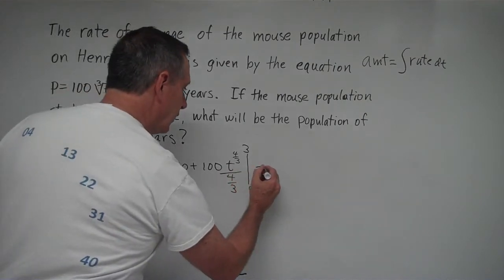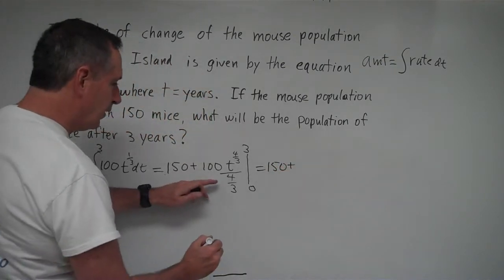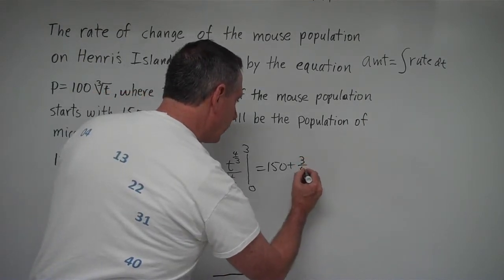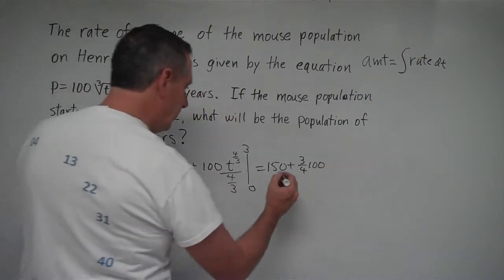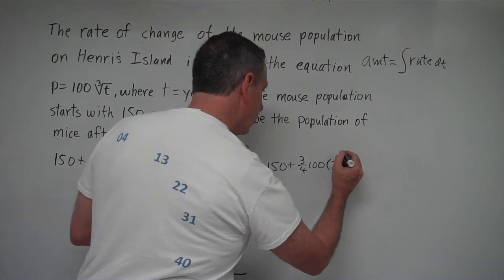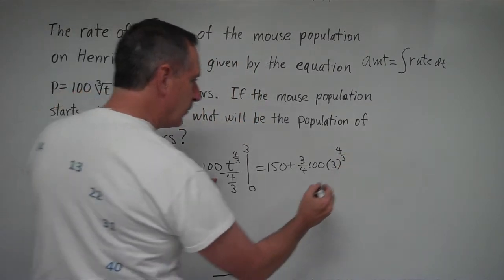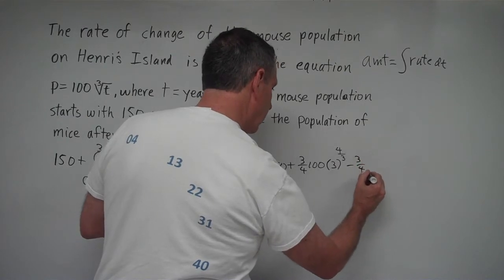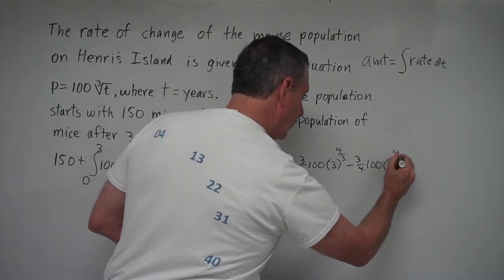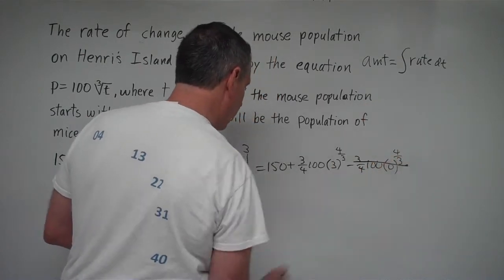And going ahead and working this out, we're going to have our starting amount 150 plus, dividing by 4/3 is the same as multiplying by 3/4, so we're going to have 3/4 times 100 t, and we replace the t with 3, 100 times 3 to the 4/3 power, and we're going to have to subtract 3/4, 100, 0 to the 4/3 power, and this is just going to be 0 because 0 to the 4/3 is 0.